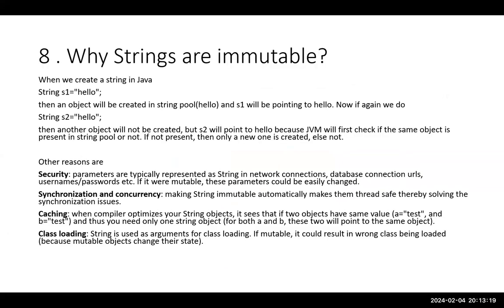So why are strings important? Very popular question. You can see the string pool concept. If we have a similar object, for example s1 equals hello and s2 equals hello, then hello will be one object in the string pool, and the s1 and s2 variables both point to the same object. Two objects with the same value are not created in the case of strings.